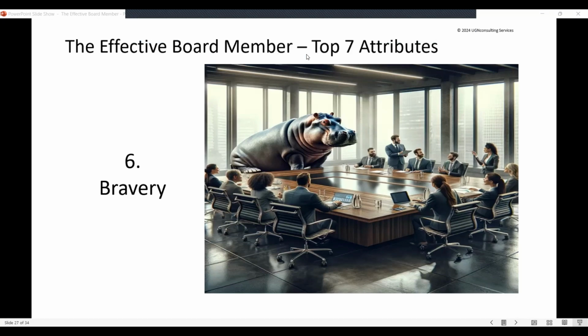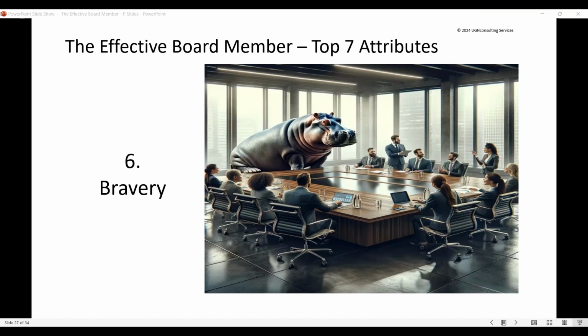Have we looked at this?" No matter how contentious it might be, that is your duty, because bravery helps you as a fiduciary to exercise your duty of care and loyalty. A loyal person is a brave person. You are sticking out your head for the interest of the shareholders and of the company. So bravery is so important.